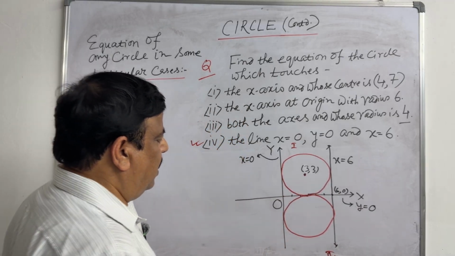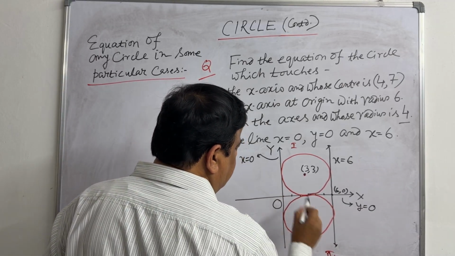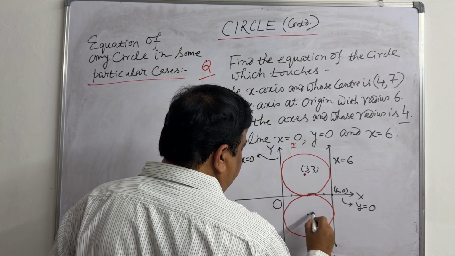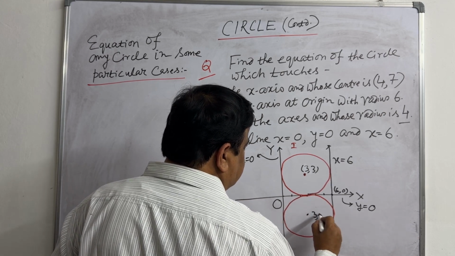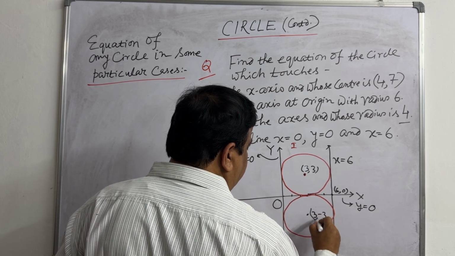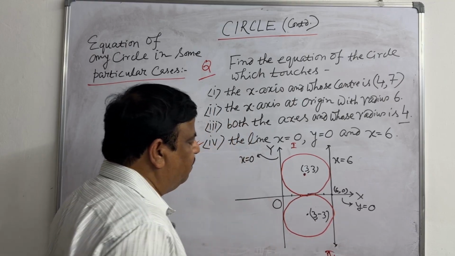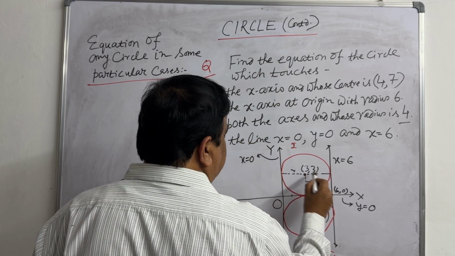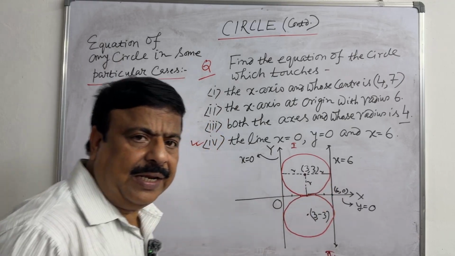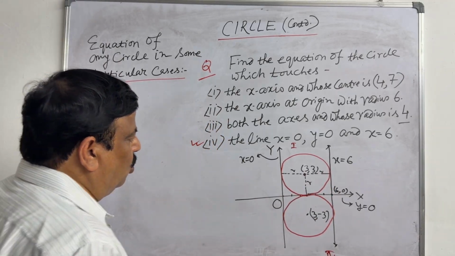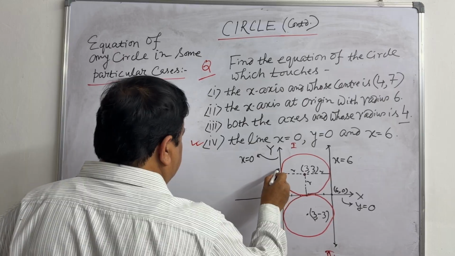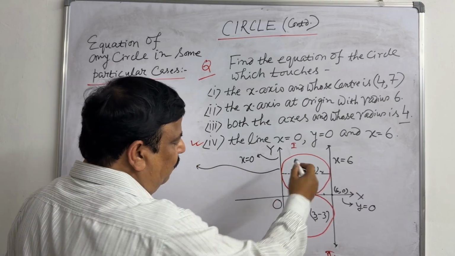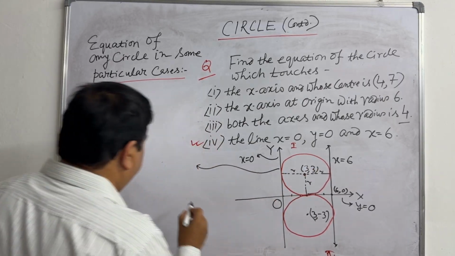And for this circle, this will be 3 and the ordinate is minus 3. These are all radius. So this is R, this is R, this is R. Clear?